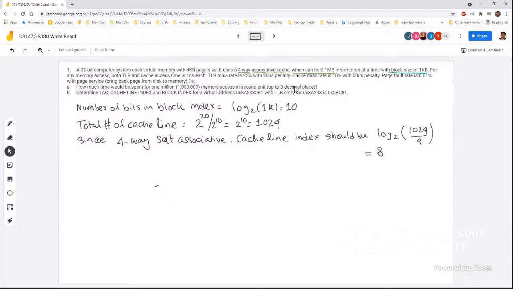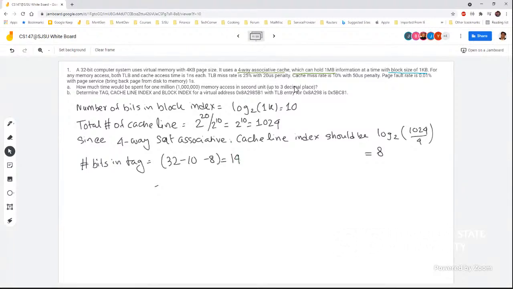Okay, so we calculated that one. That means the number of bits in the tag is 32 minus 10 minus 8. So it is 22, and 22 minus 8 is 14.